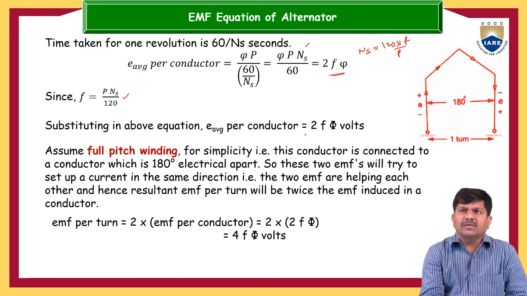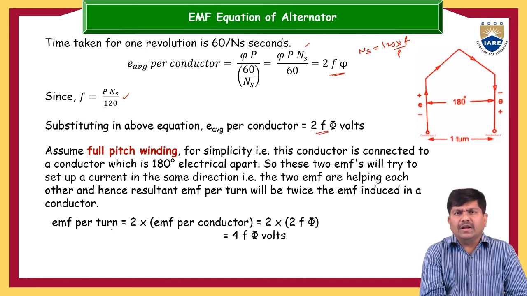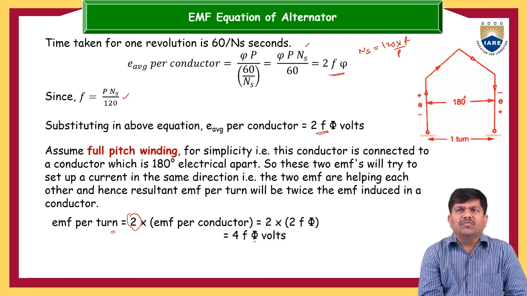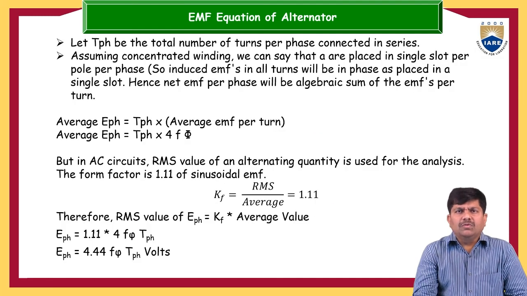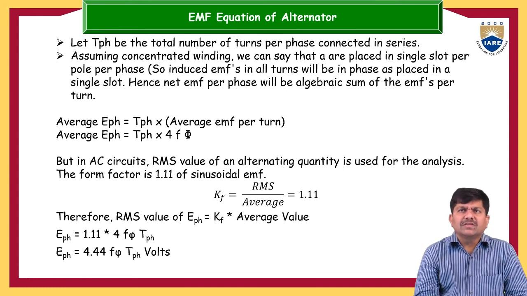Now this is per one conductor. Per 1 turn, how many conductors will there be? In 1 turn, there will be 2 conductors. So 2 into EMF per 1 conductor is equal to 4fφ volts. That is the E average, so we have to convert it into RMS values.